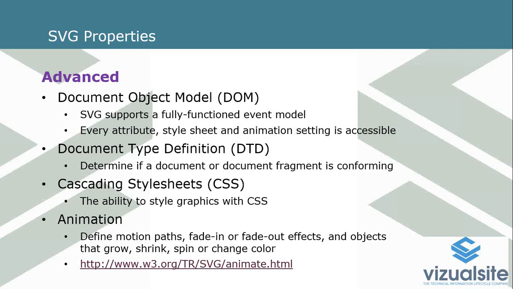So it is possible, if somebody's got the appetite to do it, to create something that would provide rules for SVG. It's cascading style sheets, very powerful for styling the graphics and the text. And then, as I said, animation. There's a lot you can do: fade in, fade out, objects grow, shrink, spin, change color. Anything you want to do creatively is there.